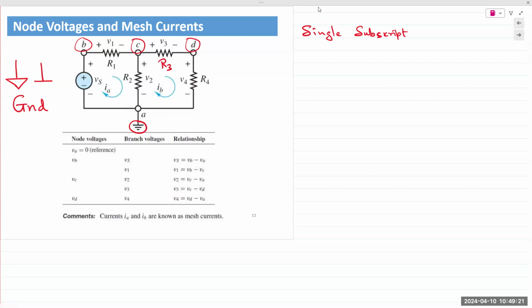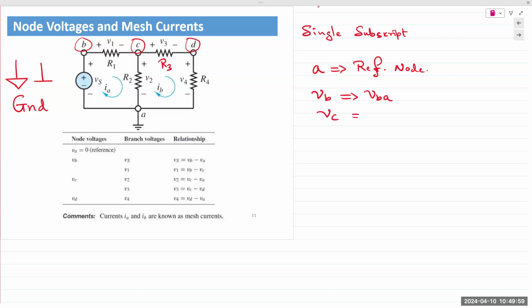So because the circuit indicates ground, I will choose that as my reference node. It is important that the reference node could be any node in the circuit. For now, let's stick with this as my reference node. All other node voltages are measured with reference to A. A is my reference node. All other voltages, meaning VB is referring to VBA.